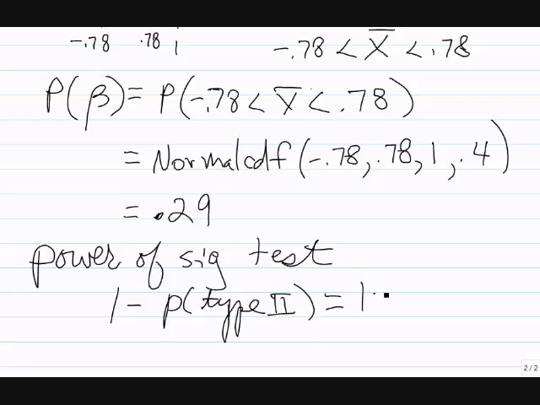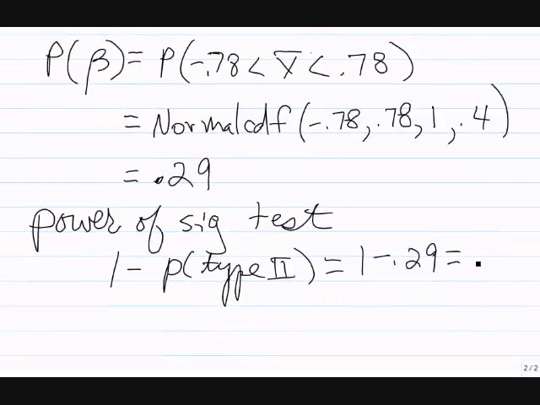And in this case, that's 1 minus 0.29, which is 0.71. Good. And so I say the power of this significance test is 71%.